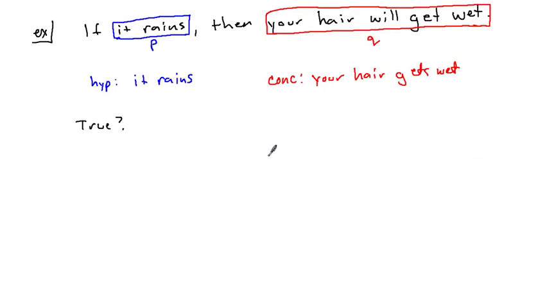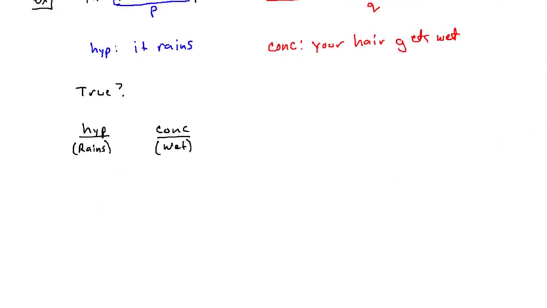So the way we're going to look at this is based on the hypothesis and the conclusion. So we're going to look at our hypothesis, and we're going to look at our conclusion separately. So what our hypothesis means is that it's going to rain. So it rains. Our conclusion is that you're going to get wet, or your hair is going to get wet. So what we want to do is break this statement down and see, is it really true or is it false?